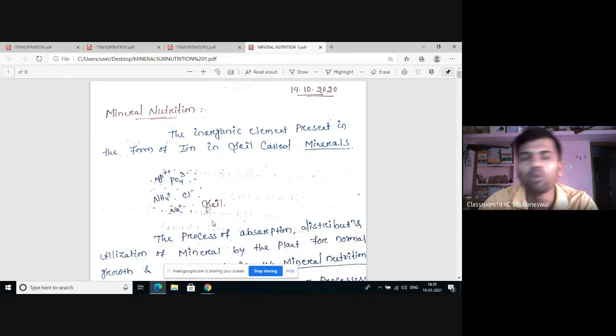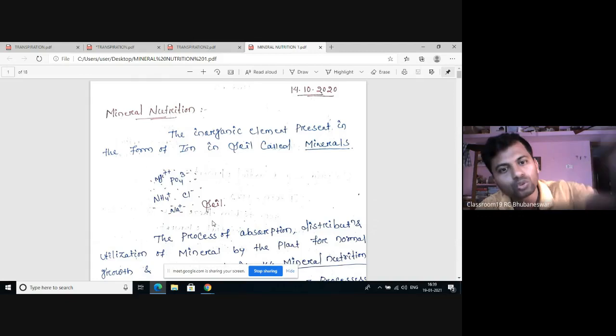One is overall senescence, which is found in annual plants. The plant completely dies at the end of the season. Overall senescence is found in rice plants. After the growing season, the complete rice plant, from root, stem, leaf and everything, dies.